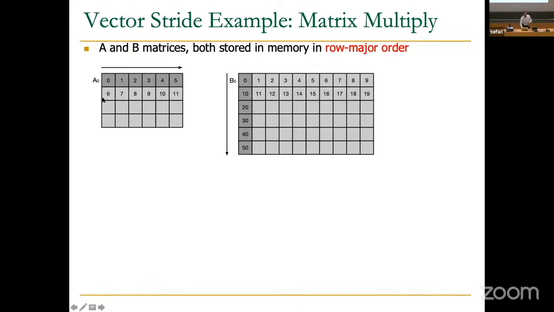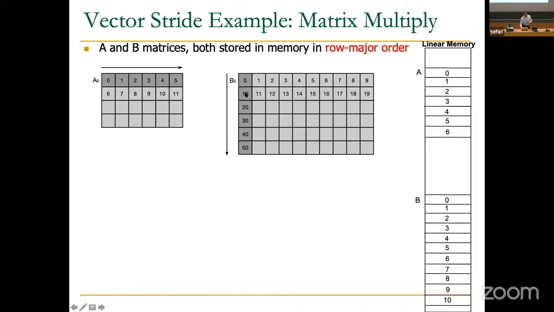And then the first element in the next row starts from location offset 6, right? And if you look at matrix B, the first row is very similar. It has 10 elements in a row, and they're stored in consecutive order. The next row starts from offset 10. So clearly, this is what they look like, basically.